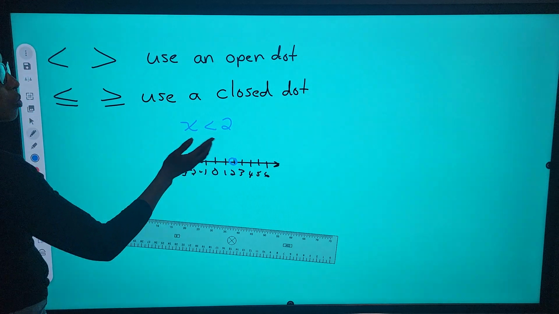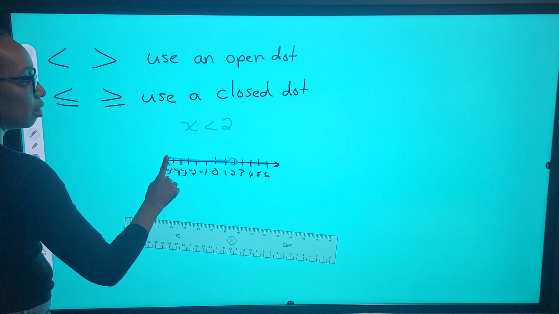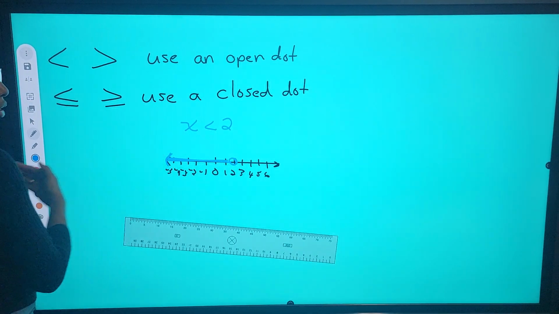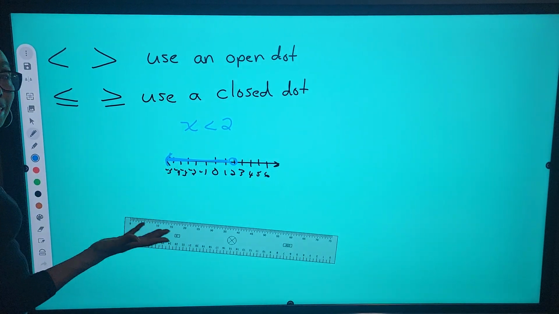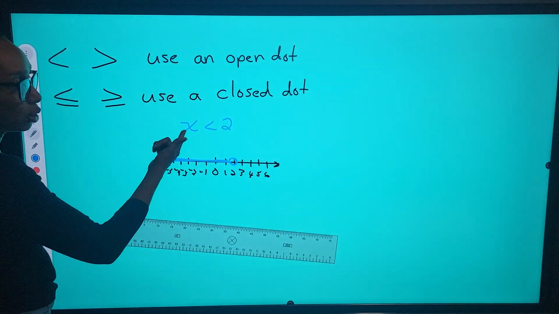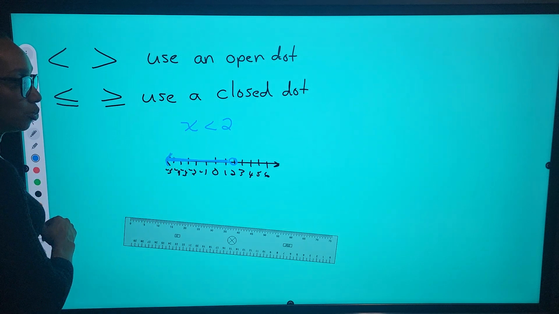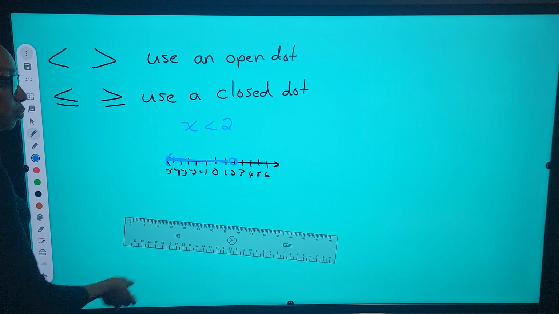It's anything that's smaller than 2. So I'm also going to shade on the line representing the values that are less than 2. Now I have a picture that shows me all the possible values that x could be. X could be any value that is less than 2. And it's open because it's not actually equal to 2.